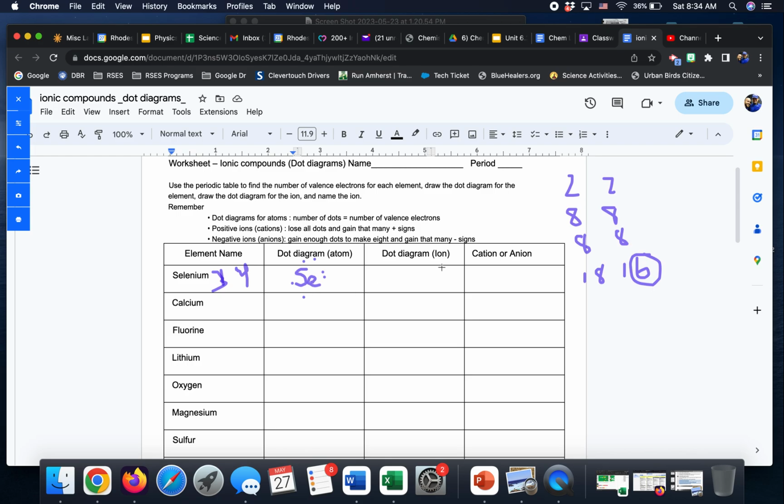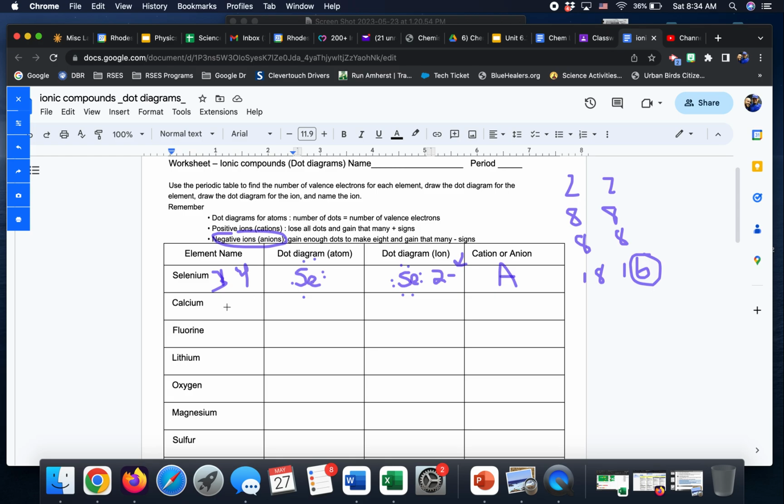Gaining 2 negatives is a 2 negative. And then I just draw the 6 that I had plus the 2 that I gained. This is negative, and we said negatives are anions, so I'm going to put an A over here.